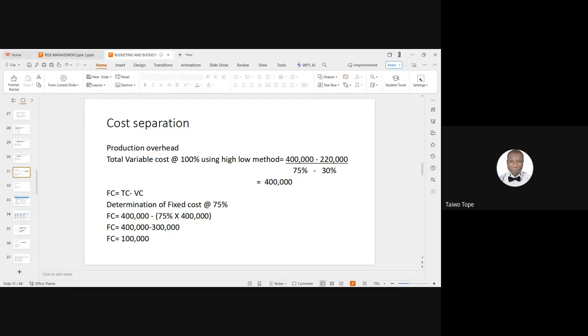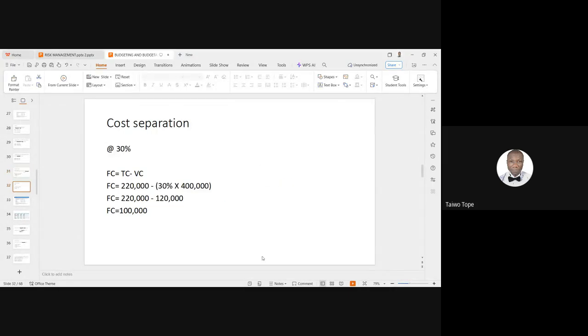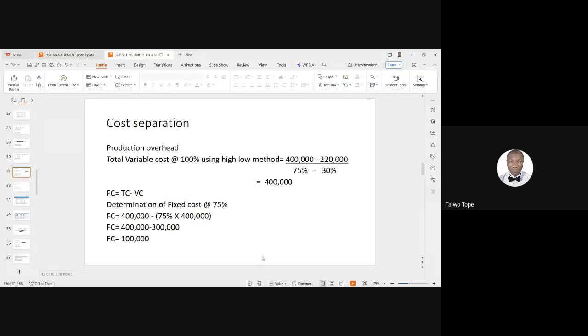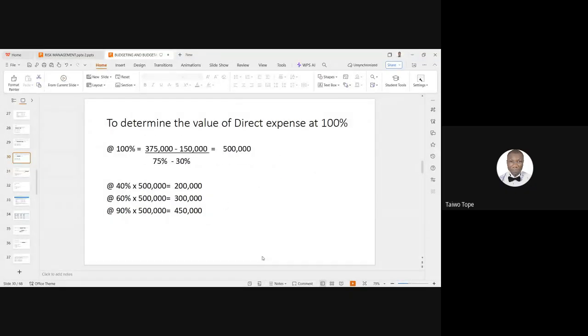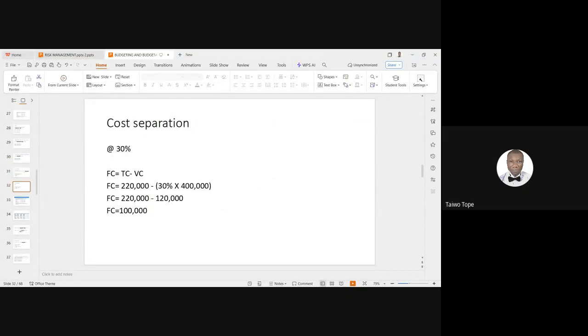At 75% activity level, your fixed cost is 100. At 30% activity level, your fixed cost is 100. Irrespective of the activity level you are working on, the fixed cost should be constant. It is the variable cost that will vary based on the percentage of activity level that you are working on.